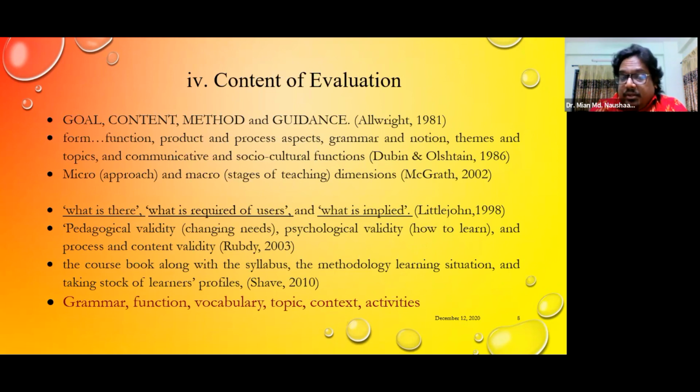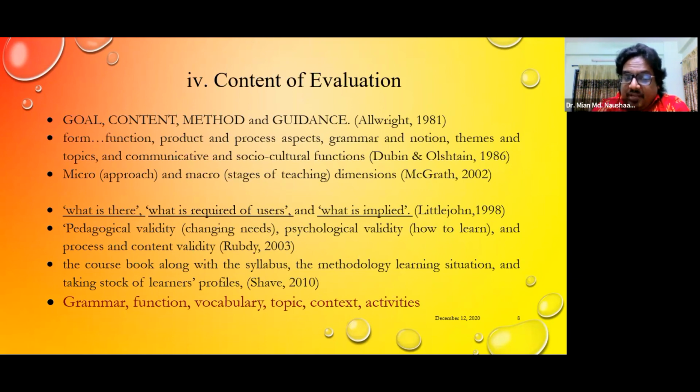So Rani Rabdi talks about three types of validity. I mean the pedagogical validity in terms of the changing needs, which I mentioned earlier, the immediate contextual needs, and the psychological validity. So, how to learn, what should be the learning process, and then the process and content validity of a particular textbook.